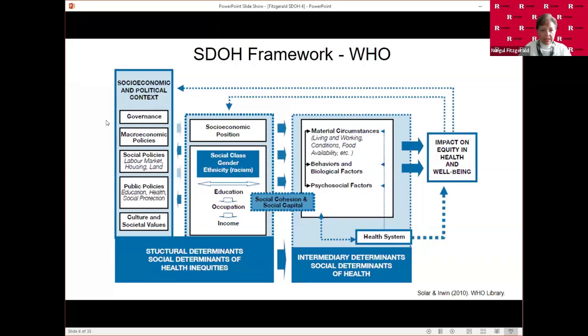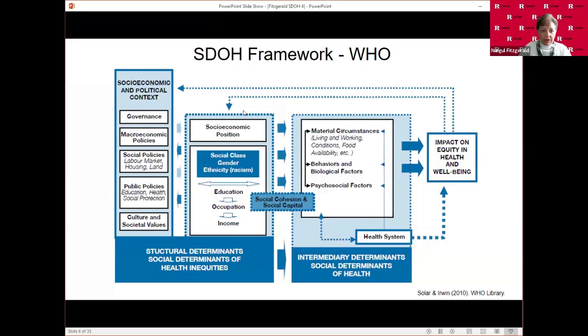So these are seen as upstream factors that then determine how individuals in a population are stratified by their socioeconomic position, their social status in the society.